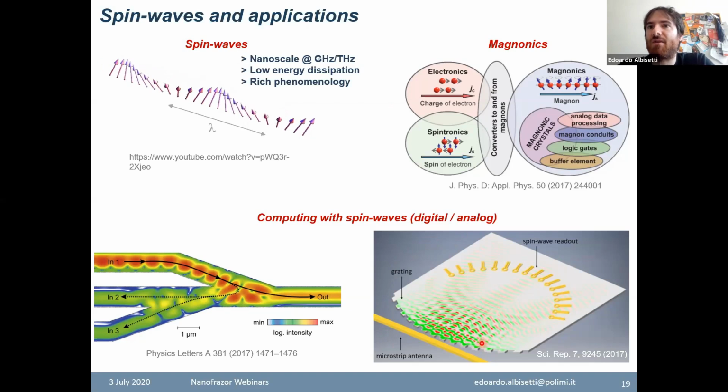This is a first simulation of a device that excites spin waves in this location, and the different exciters produce the interference pattern within the film. Then you pick up the signal in different positions of the chip, and depending on the position, you pick a different frequency of the spin wave. So you basically have a spectrum analyzer, but using spin waves instead of conventional electronics. These are the two big paradigms for spin waves.